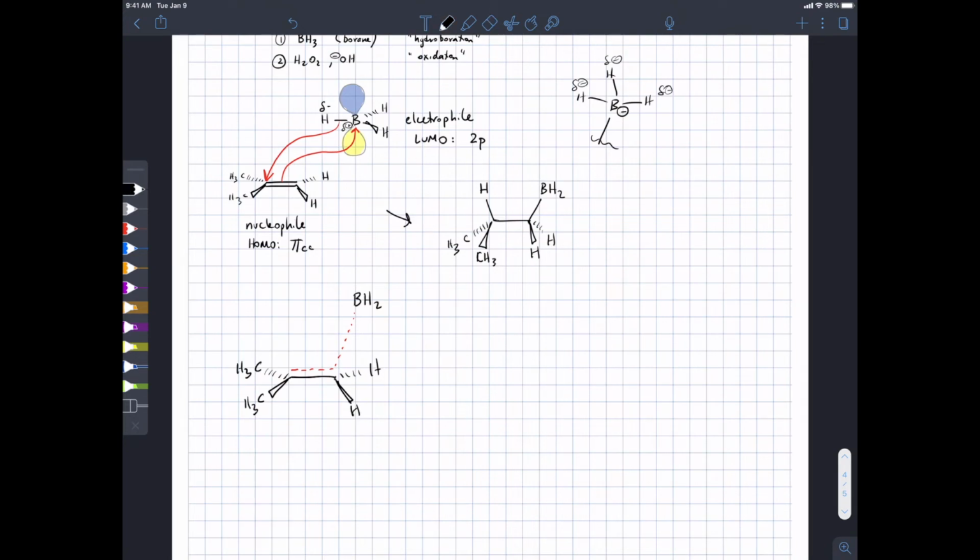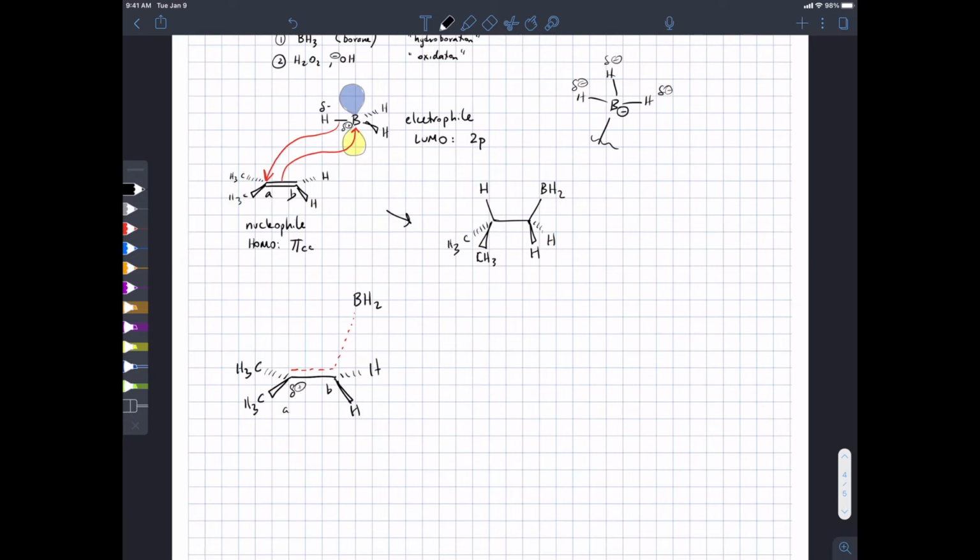We're going to choose to make that new sigma bond between boron and carbon such that partial positive charge builds up where it's more stable. In other words, if this is carbon A and this is carbon B, we're going to selectively choose to start making the new carbon-boron bond with B so that we're stealing electron density away from the carbon that can best tolerate it.